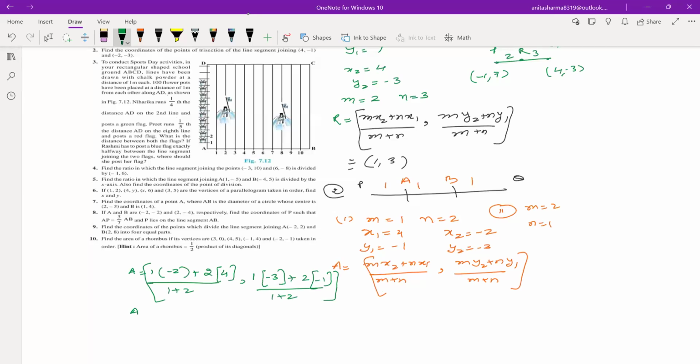Okay, then it will be (-2 plus 8) divided by 3 and (-3 minus 2) upon 3. So it will be 6 by 3, comma, minus 5 by 3. So 3 twos are 6. So (2, -5/3). Fine, beta.